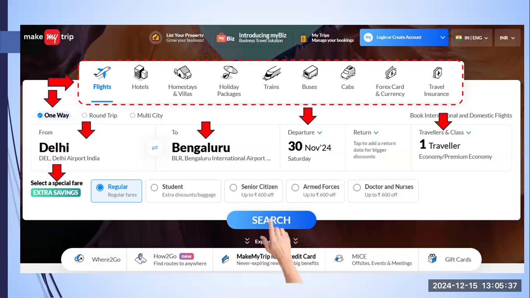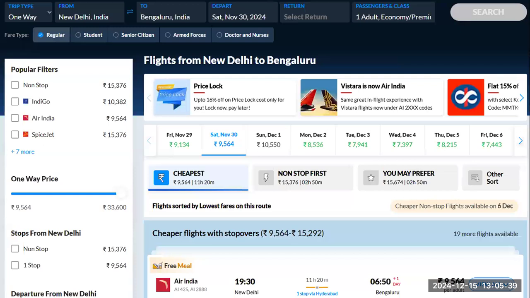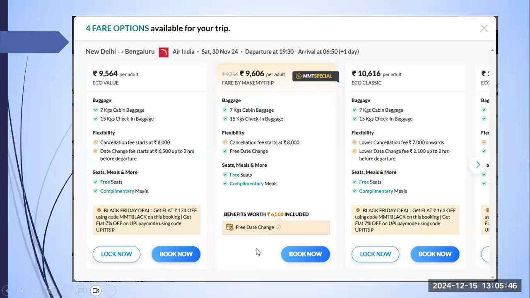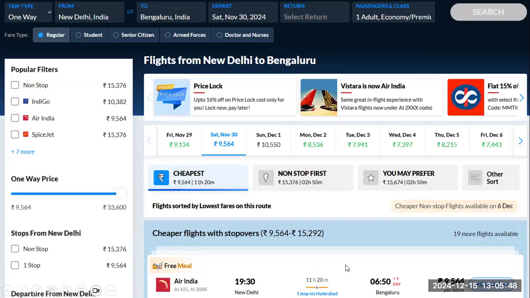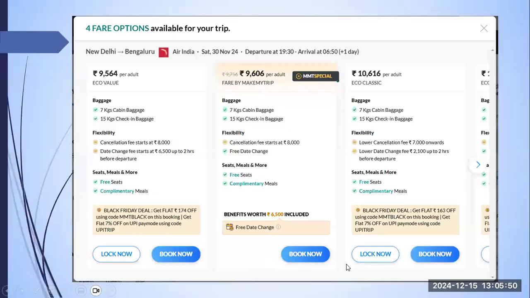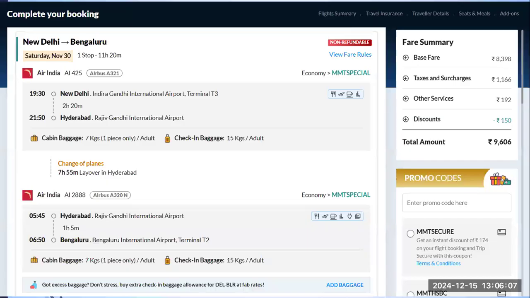Then you will search, and you will get lots of flights over there, like the cheaper flights, and then you will select one. After that it will suggest similar flights also. Here is artificial intelligence, so it will show you what you have selected and some other similar flights.